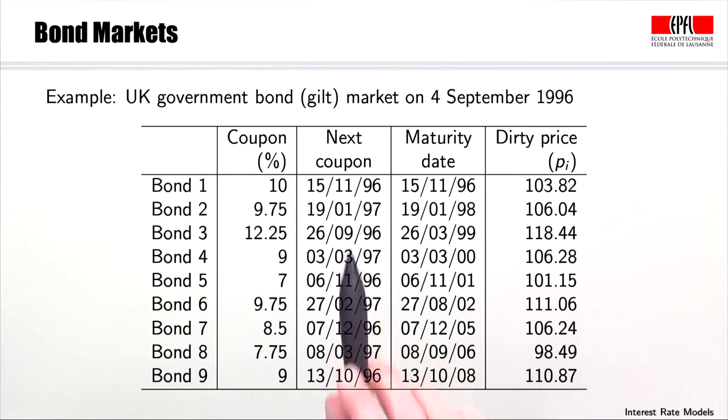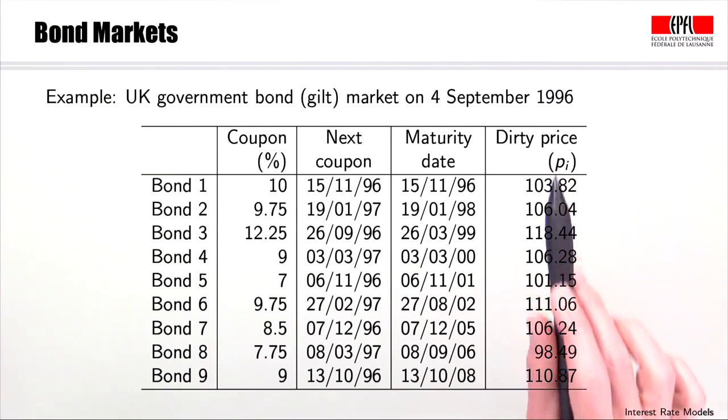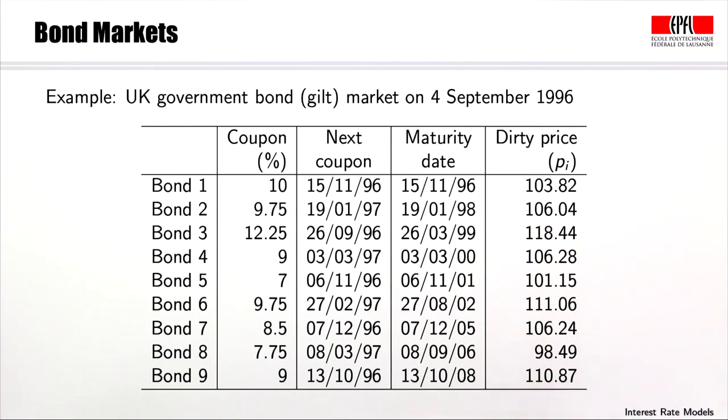We see in the middle columns the next coupon dates, and we see in this column here the maturity dates of the corresponding bonds. We also see their dirty prices. So if we start to count and order the cash flow dates, we see that it's bond number 3 that pays the next coupon. The next bond is bond number 9, and the third cash flow comes from bond number 5.